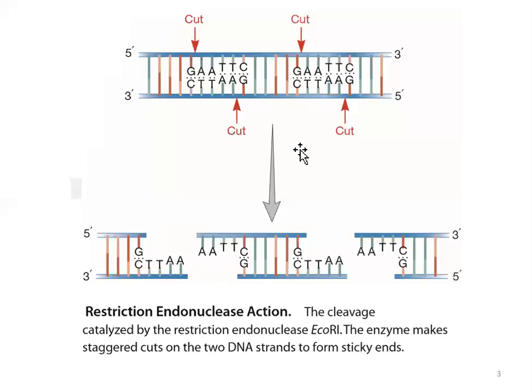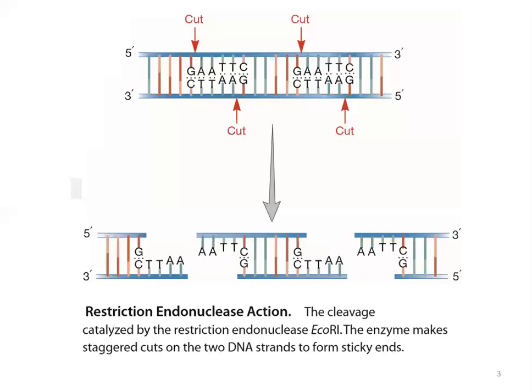And if this enzyme cuts the DNA from another side, then more fragments are formed, and these fragments bear some hanging ends. These are called the sticky ends. So the cleavage catalyzed by the endonuclease EcoRI cuts the DNA to form the sticky ends.